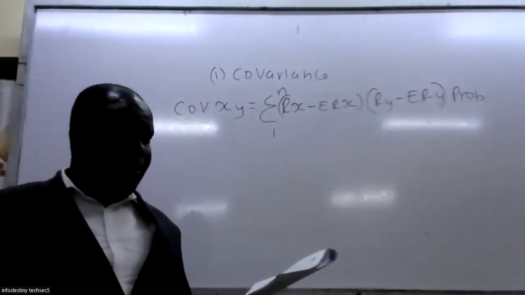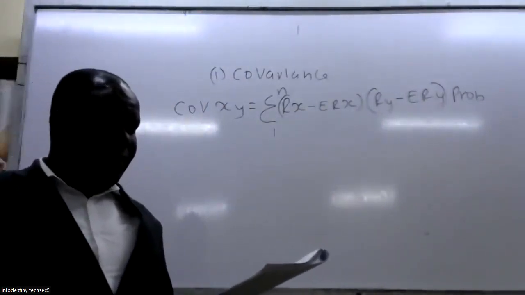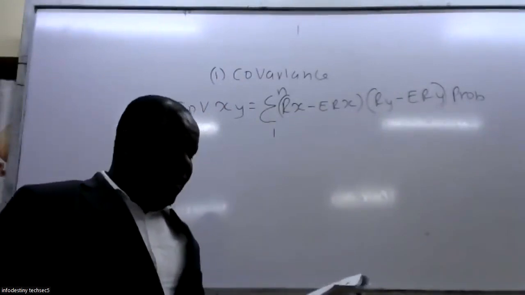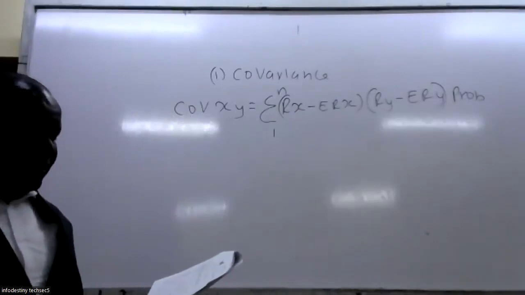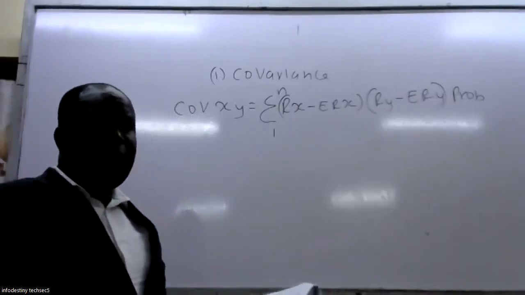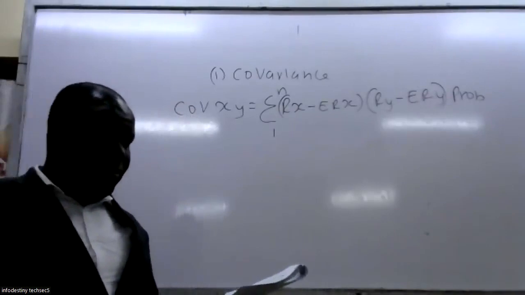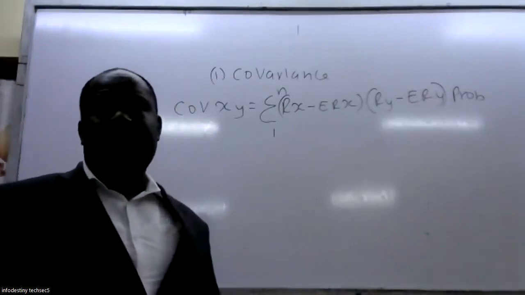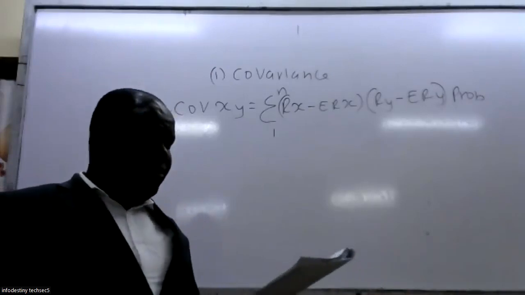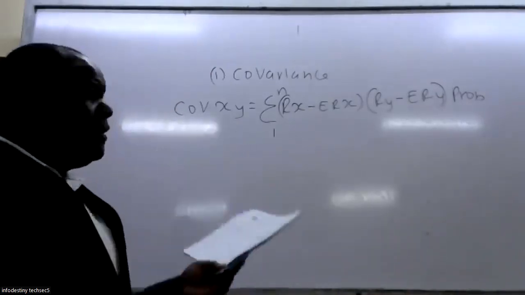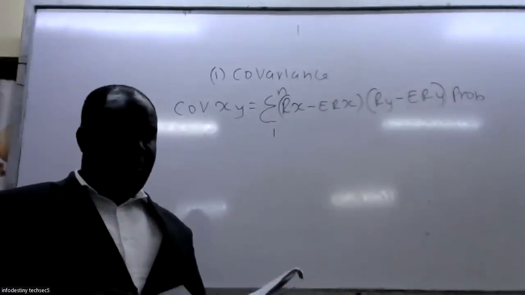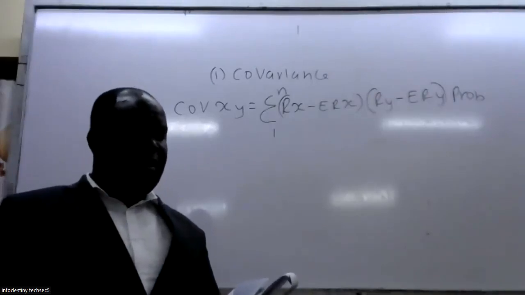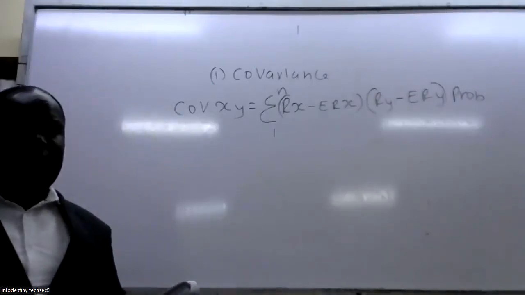Then you are given the probability, return for security X and also the return for security Y. So required, Roman letter 1, expected return on the portfolio. Roman letter 2, correlation coefficient between security X and security Y. But before you get that correlation coefficient, you must first get the covariance. Then Roman letter 3, portfolio risk, then also reduction in risk due to the portfolio diversification.